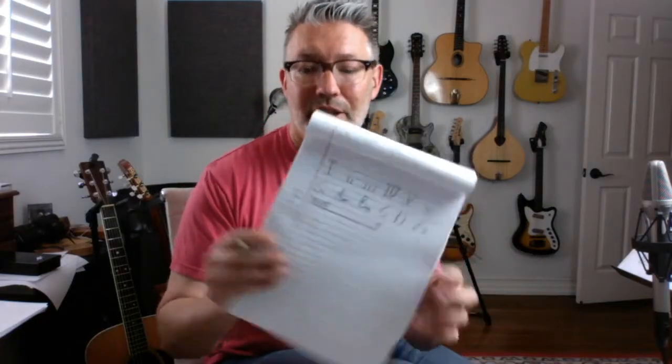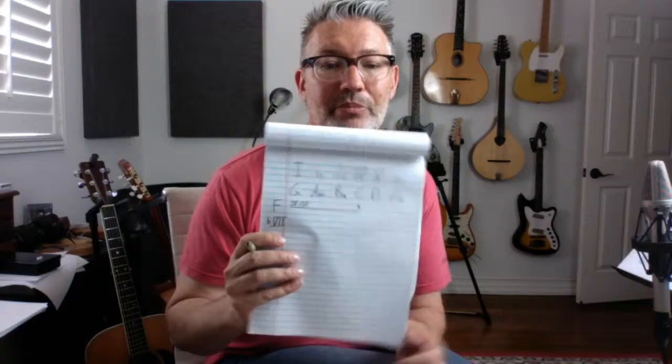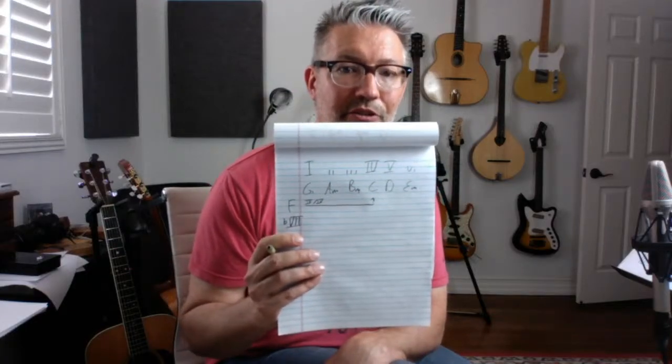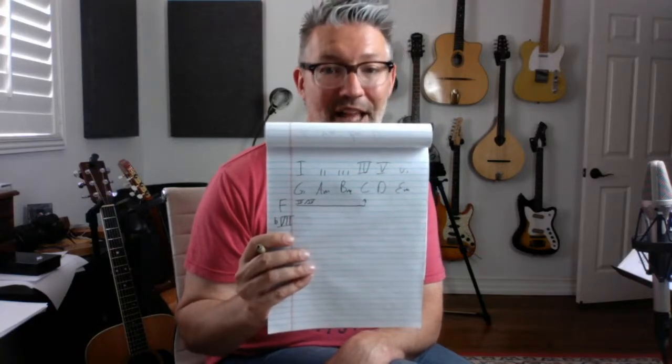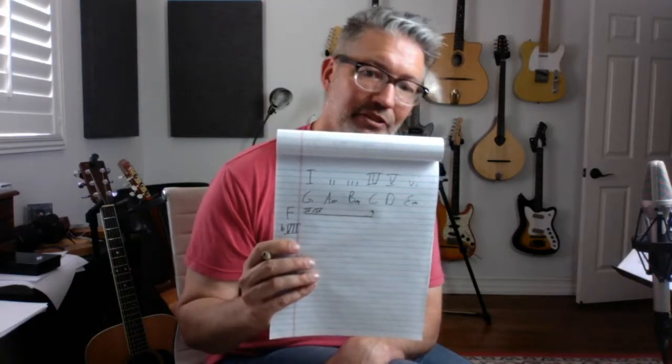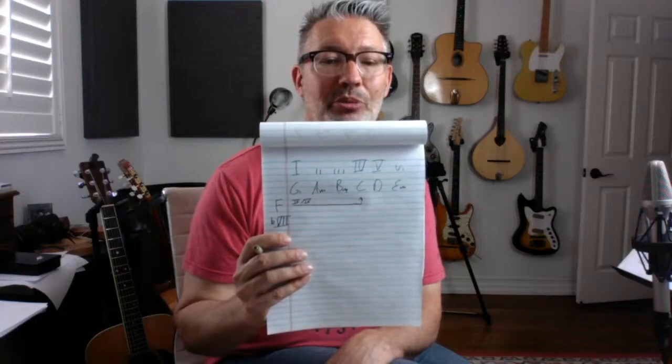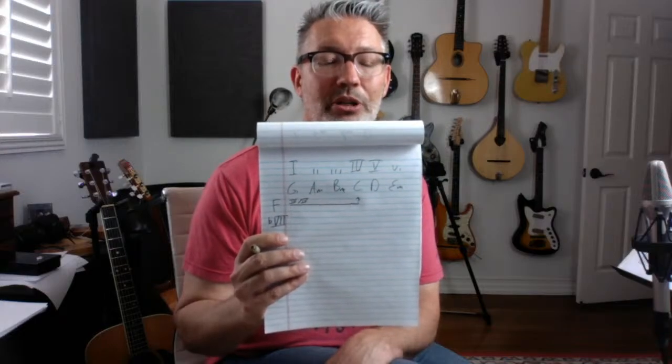The F chord is the flat major 7. If we were to count up 7 degree tones in the key of G: G, A, B, C, D, E, F sharp, we flat that from F sharp down to F, a half step, and we make it major, we end up with this chord here.